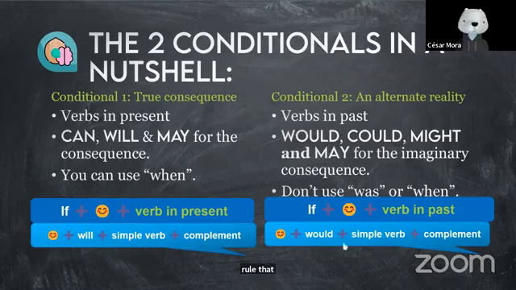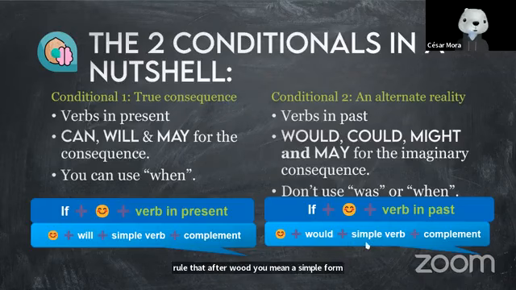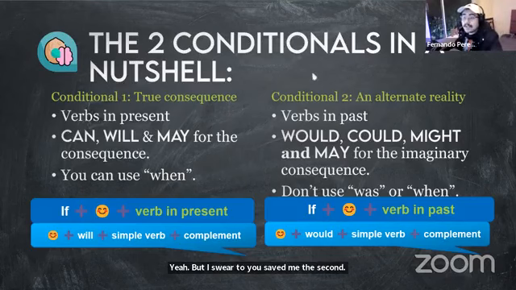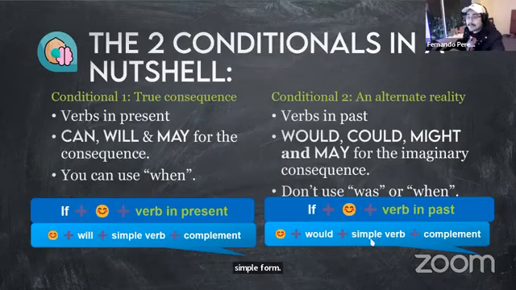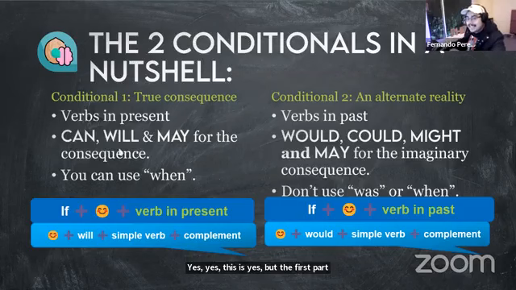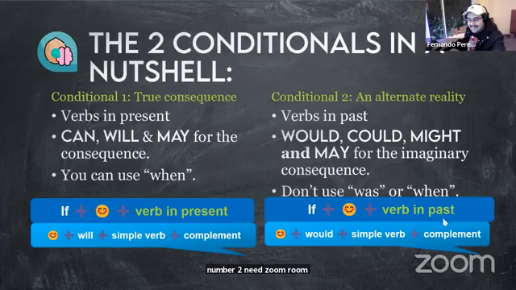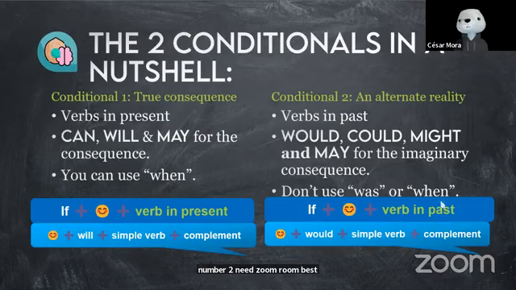But I swear, teacher, you said the second I need the verb in past. Cesar, you got confused. I said conditional number two, not second part. In conditional two, the second part needs the verb in simple form, but the first part needs the verb in past. Okay, then that's my mistake.